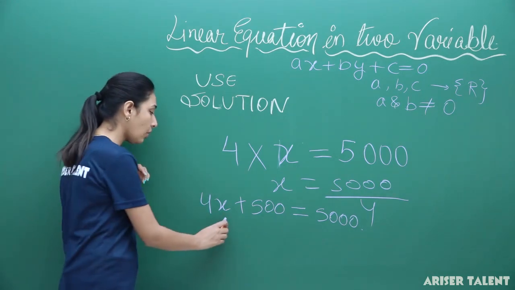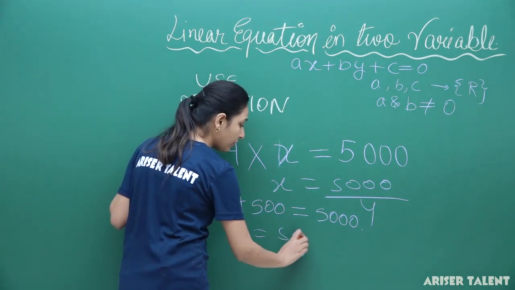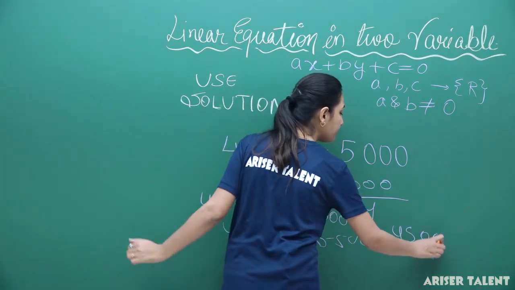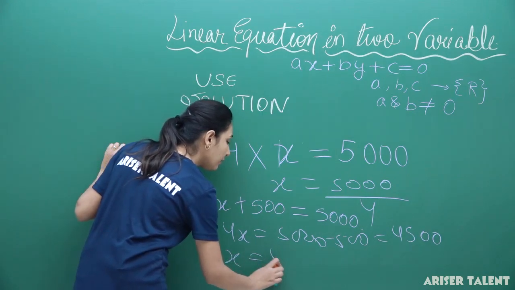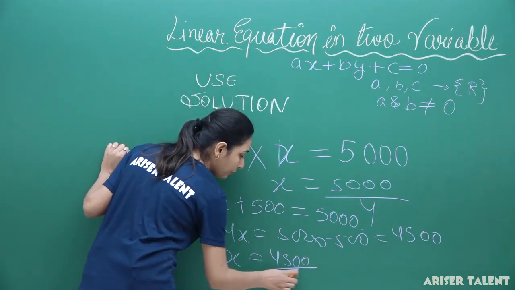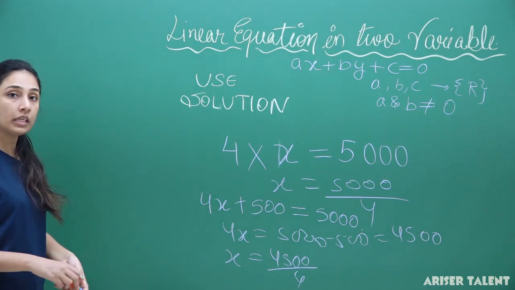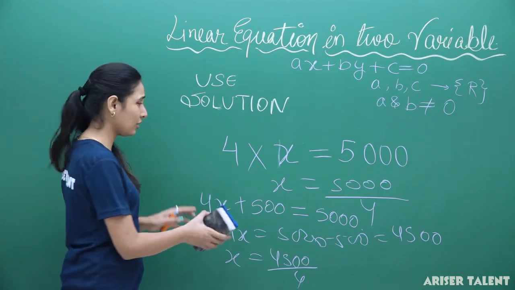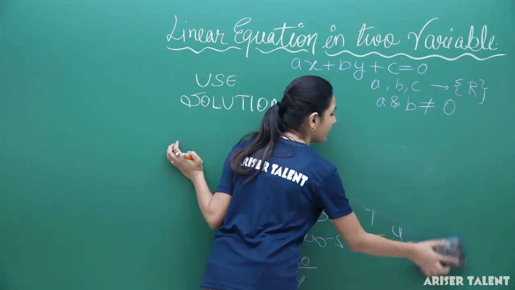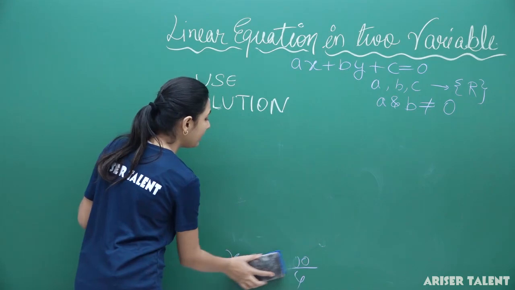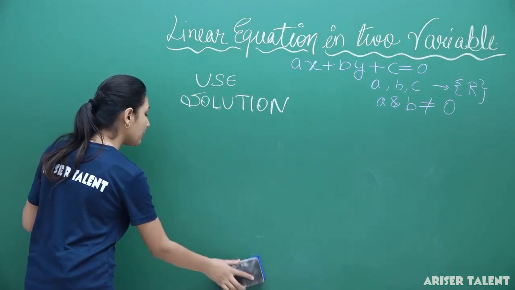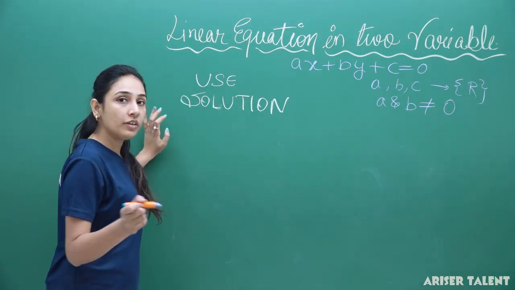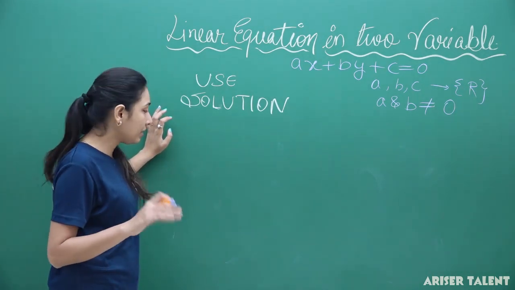In this case you will say, ma'am, 5,000 minus 500 equals 4,500, and then your x will be 4,500 by 4. That will be the cost of each nail paint. And you also told me, ma'am, you purchased that costly nail paint. Okay, that's fine. At the end of the day, I'll be very upset that I have given much more amount. Now this is about the use of one variable.